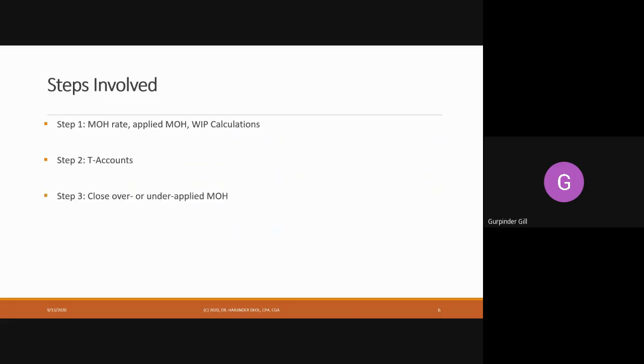Step three is to look at our manufacturing overhead account and determine whether it is over applied or under applied. Basically, we will have to bring this account to a zero balance so that we can address the leftover cost in manufacturing overhead. Whether it is over applied or under applied, we will deal with that in step three. And finally, step four is to prepare our schedule of cost of goods manufactured and income statement.